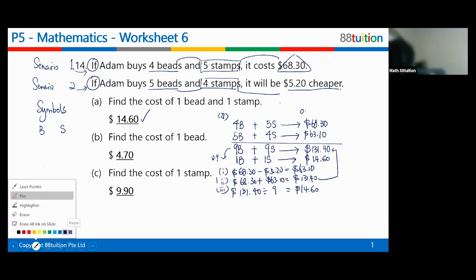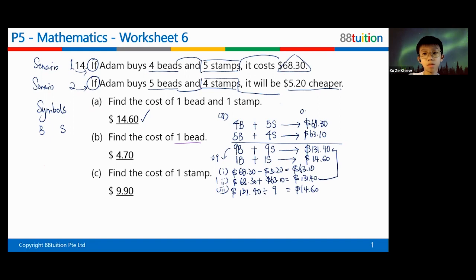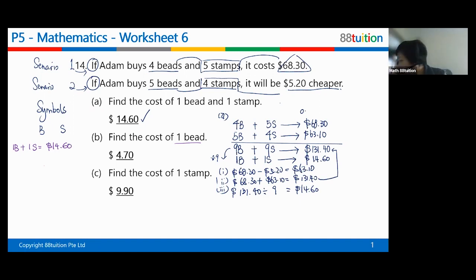Let's take a look at find the cost of one bid. Now I'm going to pull this information here, 1b plus 1s. That will give me $14.60, right? Now I can either pull the first scenario or the second scenario.